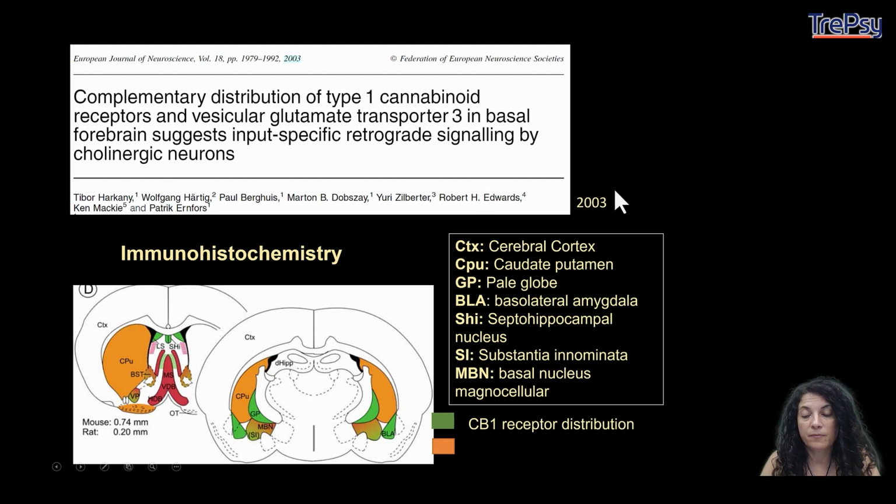So I want to tell you that in 2003, the CB1 receptor was already characterized in the brain, for example in the rodent brain, in this case in rats.